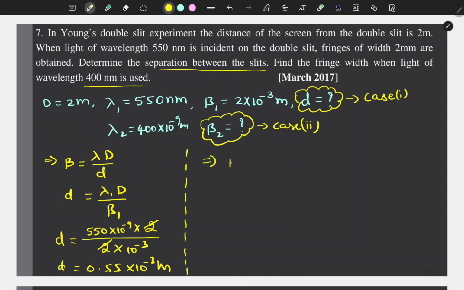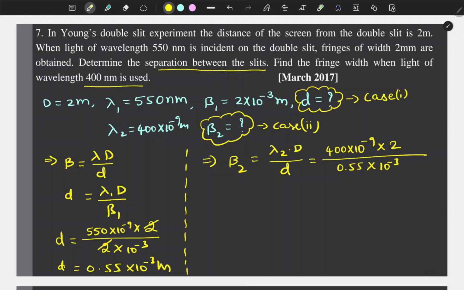Case 2, we need to find out fringe width beta 2. For that, lambda 2 D divided by small d will be there. Lambda 2 is 400 nanometer, 10 to the power minus 9, into capital D, which is 2, divided by small d, which is 0.55 into 10 to the power minus 3.